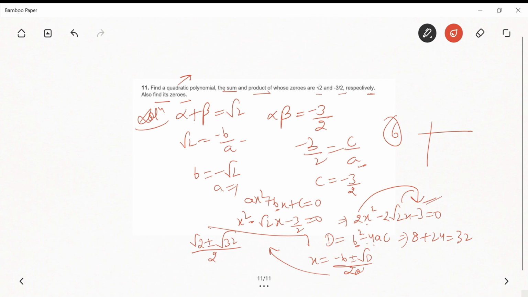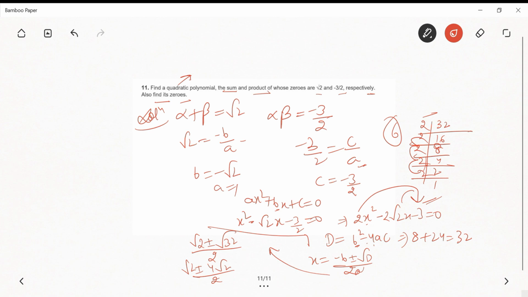Now root 32, do the prime factorization of it. Here you will get 8, 4, 2, 2 and 2, 1. Now we are having two pairs of 2 and one 2 is left. So we can write it as root 2 plus minus 4 root 2 divided by 2.